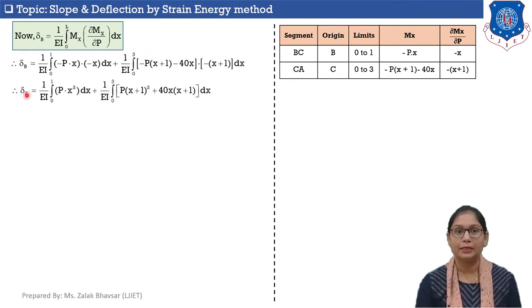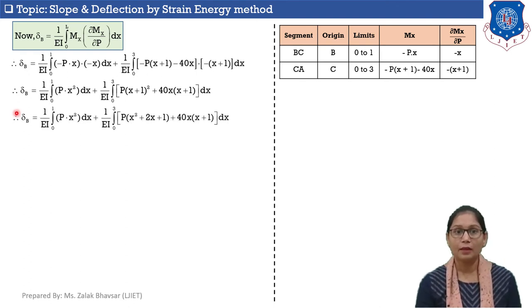Therefore, delta B is equal to, here I simply multiply the values. Okay, so delta B is equal to 1 upon EI integration of P into x square into dx, limit 0 to 1, plus 1 upon EI integration of P into x plus 1 whole square plus 40 into x plus 1 in bracket into dx.